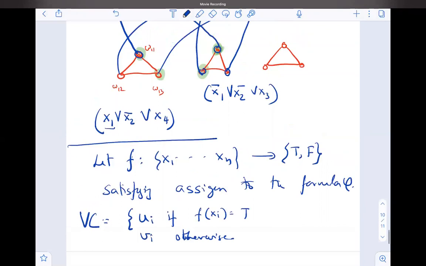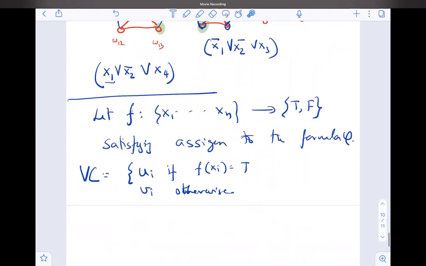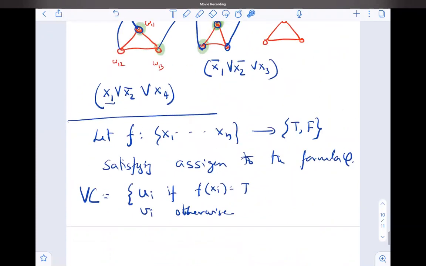So in these two things here, if xi is false, then I pick vi, and otherwise I will pick ui. Fine. Now I will have to pick some more other vertices.